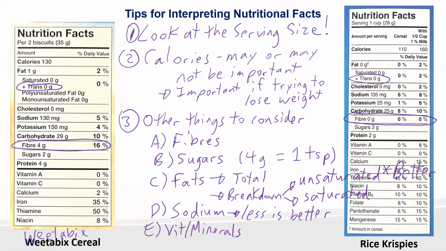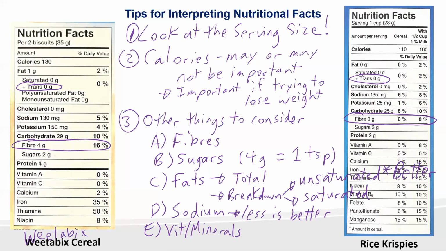So the one thing just to say about vitamins and minerals is that they don't necessarily make it healthy, right? I mean, great. These breakfast cereals have a decent amount of iron in them. That's good. But it's the whole picture of something that makes it healthy, right? And it may be something to compare, right? If you have two cereals and this one has a little more iron in it, then maybe that helps you make your choice. But these are the kind of things that often food companies are using to boost claims, right?